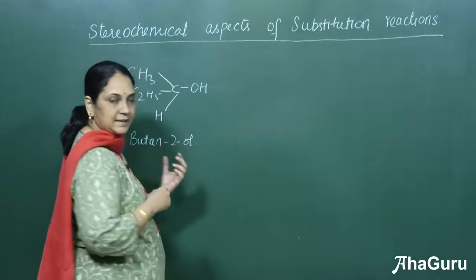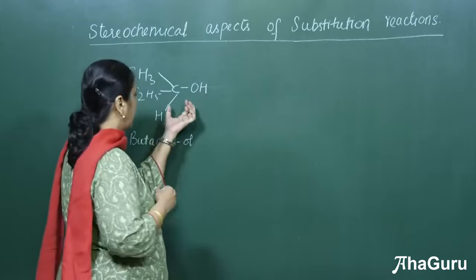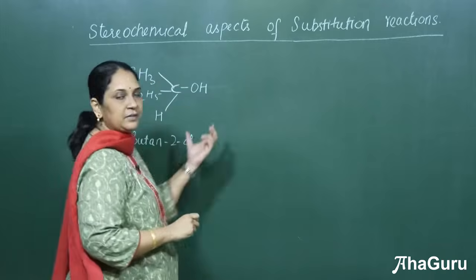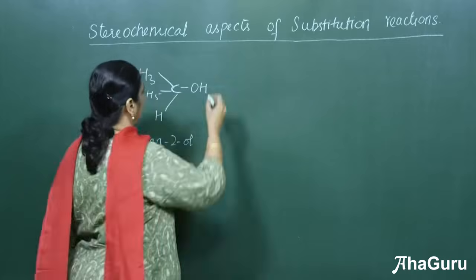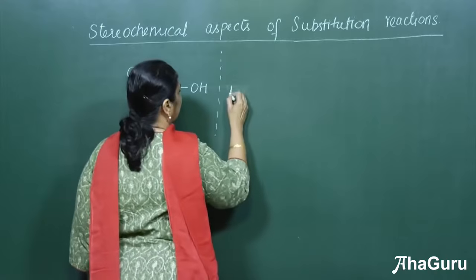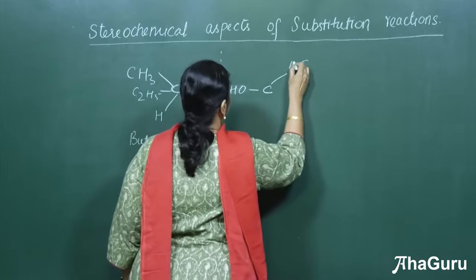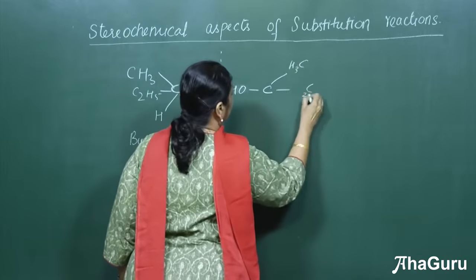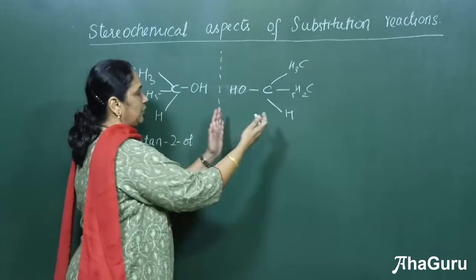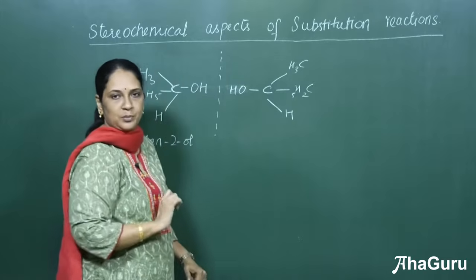Now let us see another example, butan-2-ol. First, let us see whether this carbon is asymmetric. Yes, because this carbon has four different groups. Now we will see how to write the mirror image of this compound. The mirror image would be HOC, CH3, then C2H5, followed by H. If we keep this mirror image on top of this molecule, they are non-superimposable mirror images.